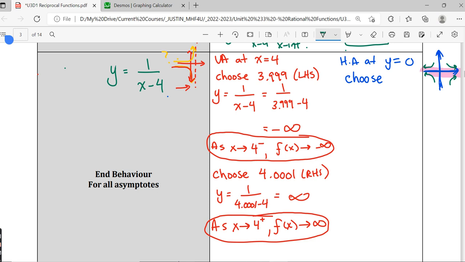Well, I'm going to choose a very big x value. Let's choose 10,000. So this would be on the right, because I want to know what happens when x becomes very big. So I get y equals 1 over 10,000 minus 4, and see what value I get.